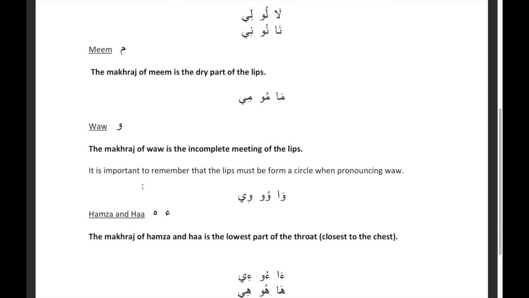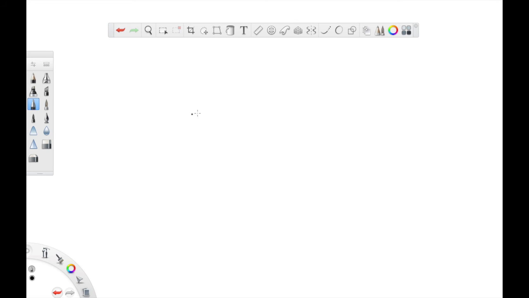Okay, so next is Waw. The makhraj of Waw is the incomplete meeting of the lips. It is important to remember that the lips must form a circle when pronouncing Waw. So what is the incomplete meeting of the lips? If someone were to look at you from this view, and these are your lips, the space here is the incomplete meeting.